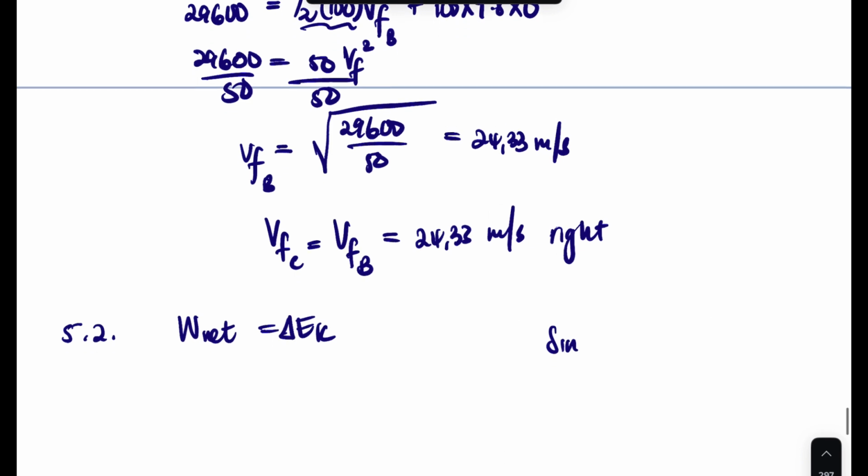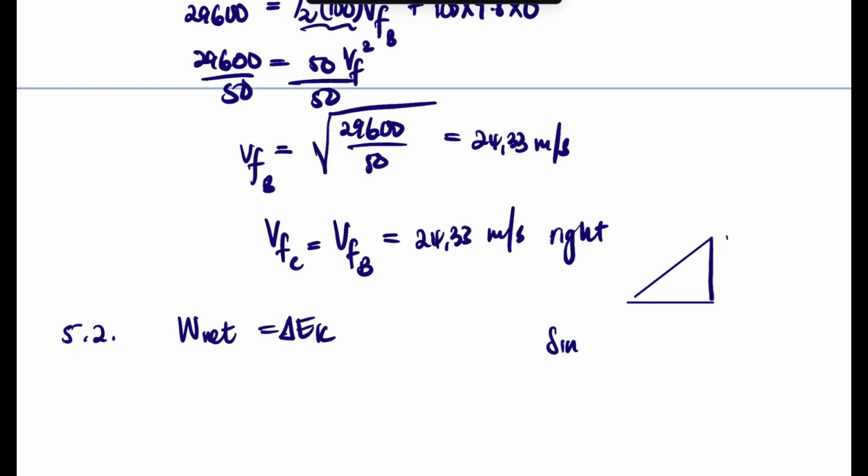Okay, let me rewrite it. That diagram is going to be that and that. The height there is 5 meters and the angle is 45. We are looking for the displacement. So sine 45 is equal to opposite over hypotenuse. The opposite is the height, which is 5 meters, and the hypotenuse is the displacement.